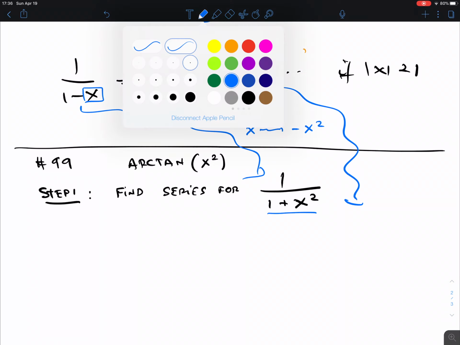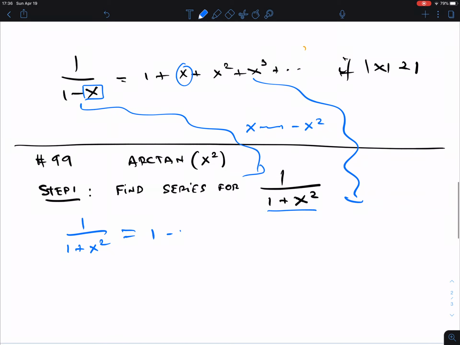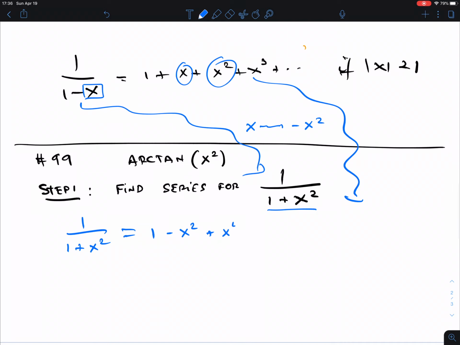So what do I get? I'll keep blue, right. So I get 1 over 1 plus x squared, and on the right-hand side, 1 is just 1, replace this x by minus x squared, so it's minus x squared squared, the minus sign squared is positive, and x to the 4th. Minus x squared to the power cube, I get a minus x to the power 6. I hope you all see this.